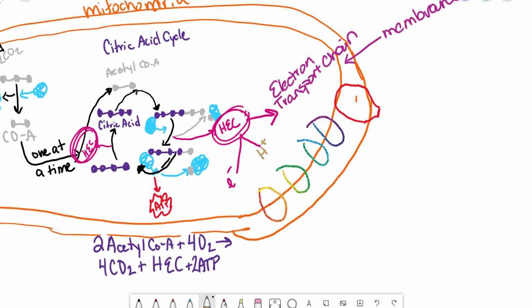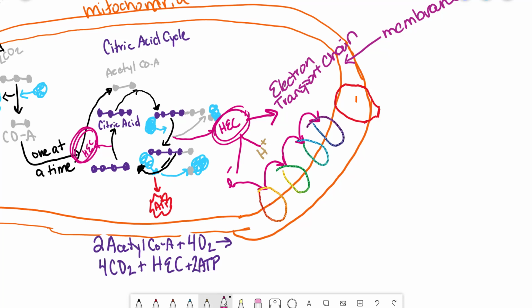All right, so when I take those high energy compounds and break them up into an electron and a hydrogen, this electron has so much energy, it's just going to bounce from one of these proteins to another one. And when it does that, it gets rid of just a little bit of energy at a time. So think of it as every bounce on these protein trampolines releasing a little bit of energy from that electron.